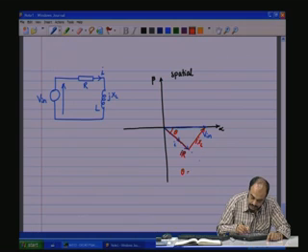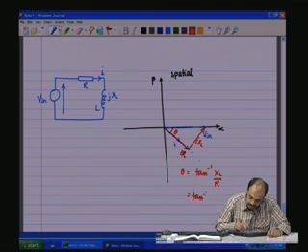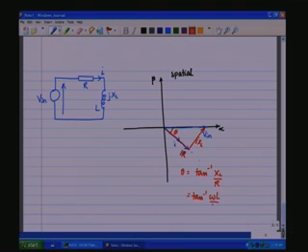So, theta is equal to tan inverse XL by R, which is equal to tan inverse omega L by R. So, you get the phase angle or the phase lag of the current space vector with respect to the voltage space vector.